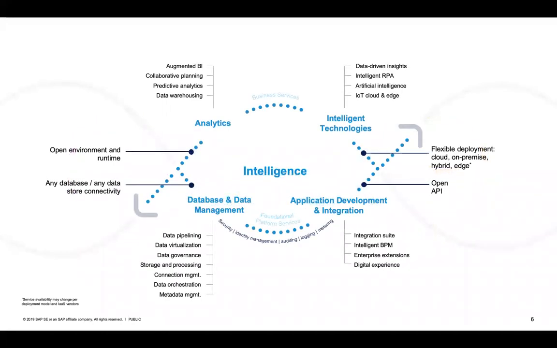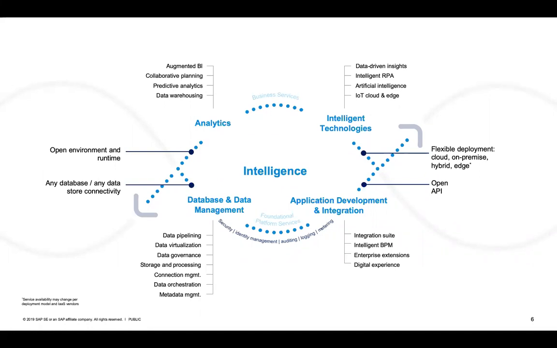If we take a look at the different areas covered here in the intelligence piece, of course, we have applications to do deeper analytics, predictions, for example, collaborative planning, and so on. Of course, there is this whole area of database and data management, how you can really govern your data, how you can connect different data streams, and so on.